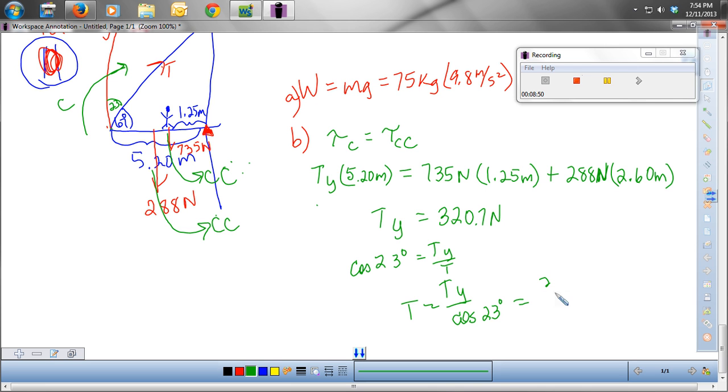So 320.7 newtons divided by the cosine of 23. And when I did that, I got the tension to be 348 newtons. Alright, so I'm going to stop and start another one.